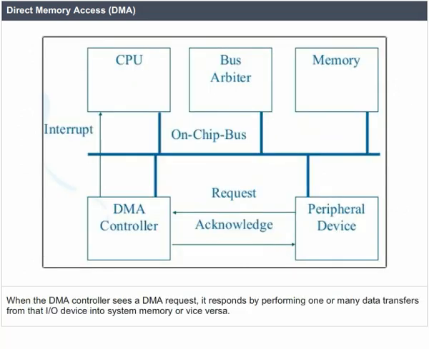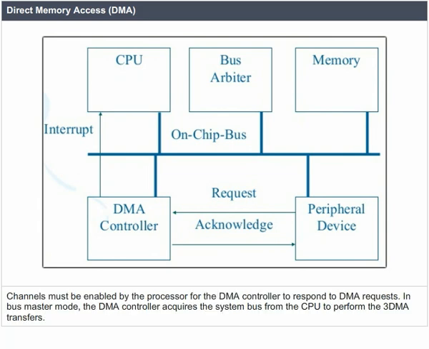When the DMA controller sees a DMA request, it responds by performing one or many data transfers from that input-output device into system memory or vice versa. Channels must be enabled by the processor for the DMA controller to respond to DMA requests.